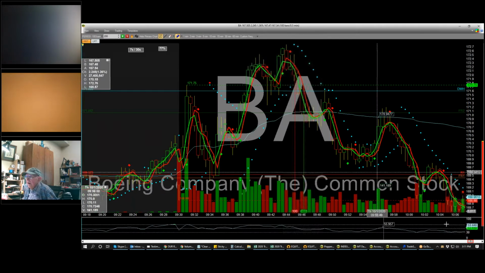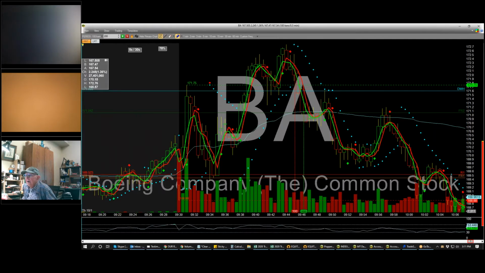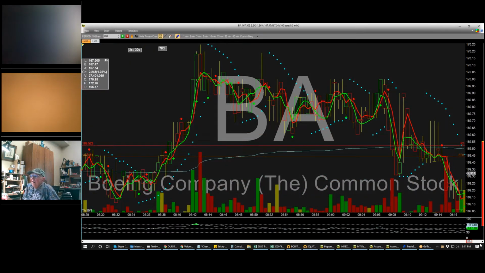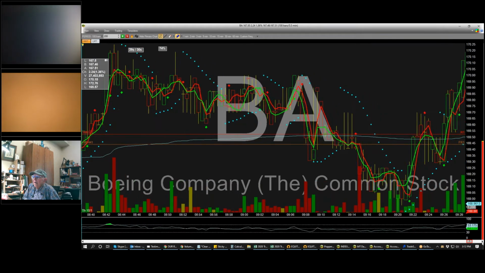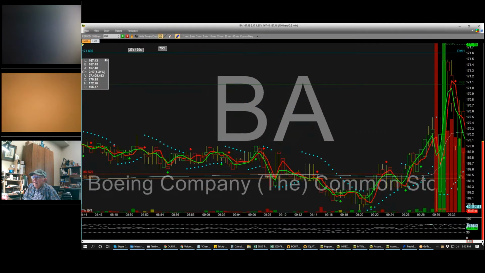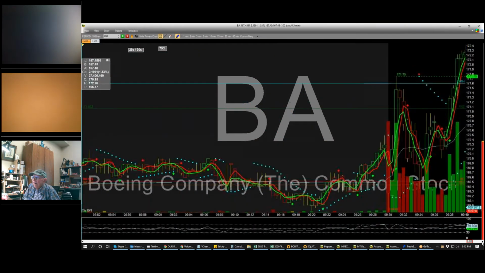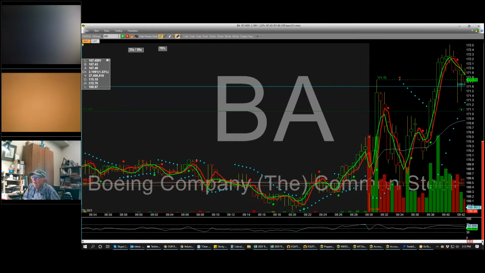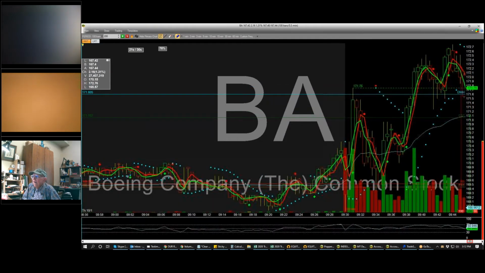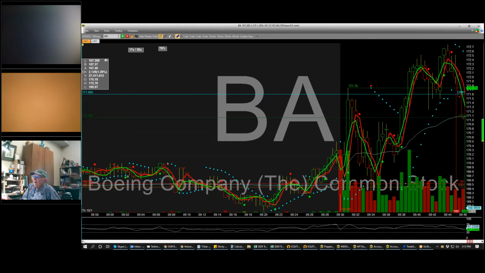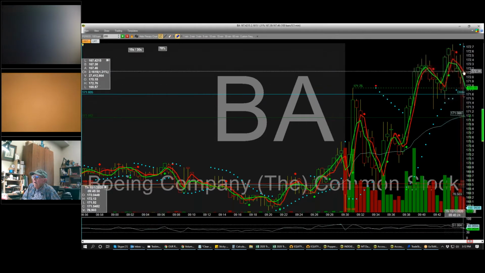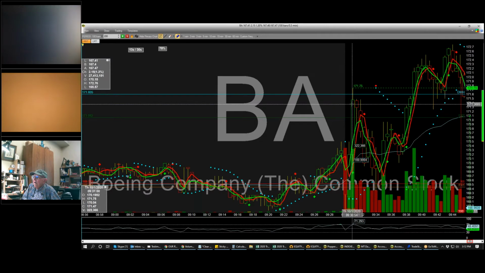Let me scroll. Here was my entry, right here. I have to guesstimate where I'm going to potentially get out of this trade.